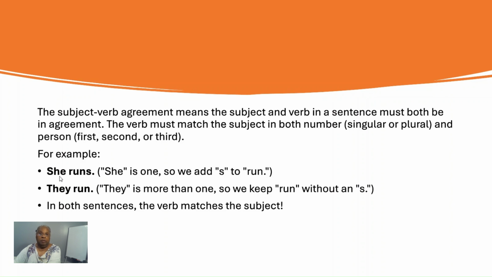She is one, so we add S to the basic verb run. They run. They is more than one, so we keep run without an S. In both sentences, the verb matches the subject.